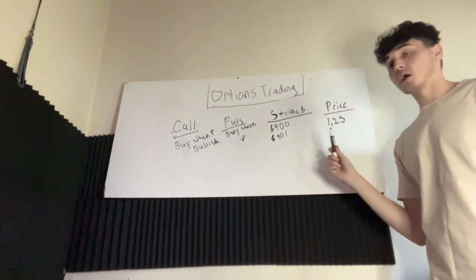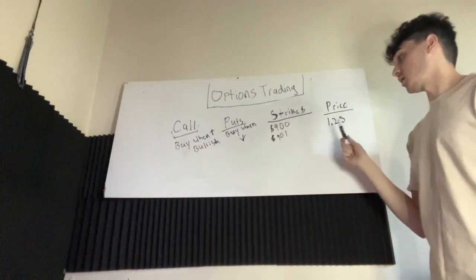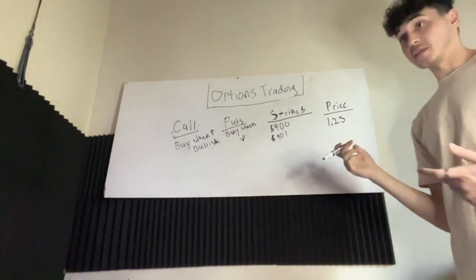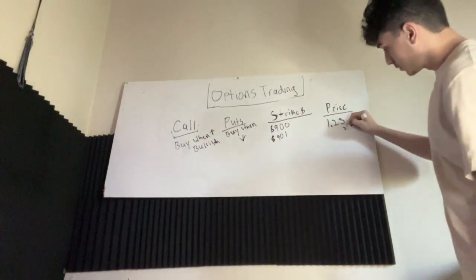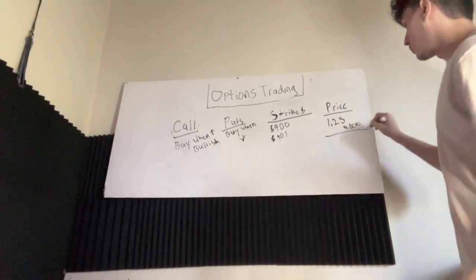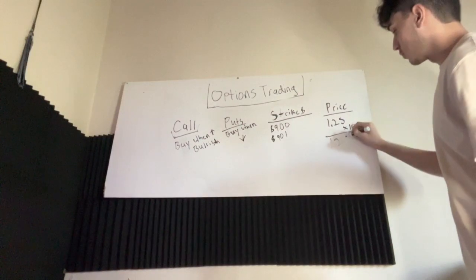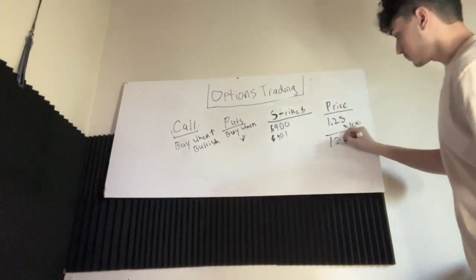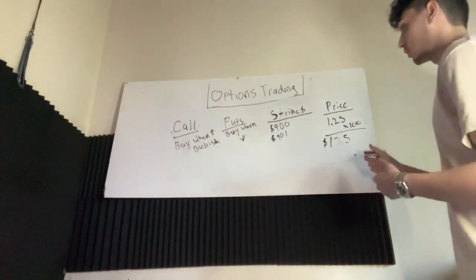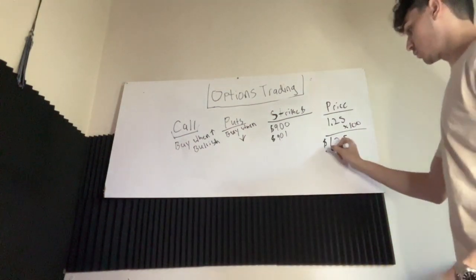Now, this option contract does not cost us $1.25 to buy it. We want to times that by 100, every option contract by 100, which is 125. The price of what one option contract would be to buy, $125.